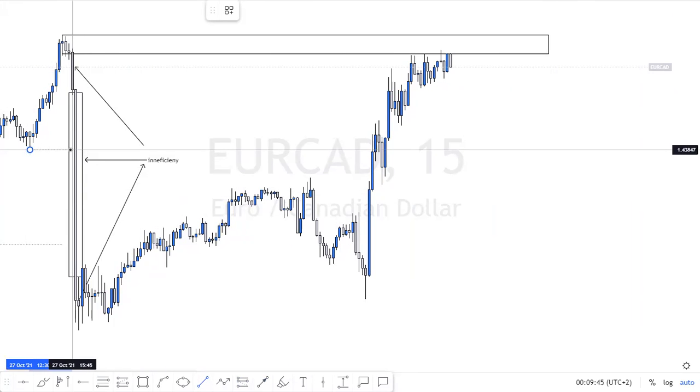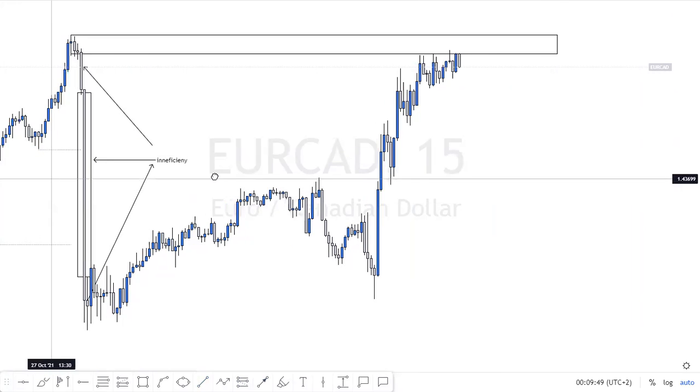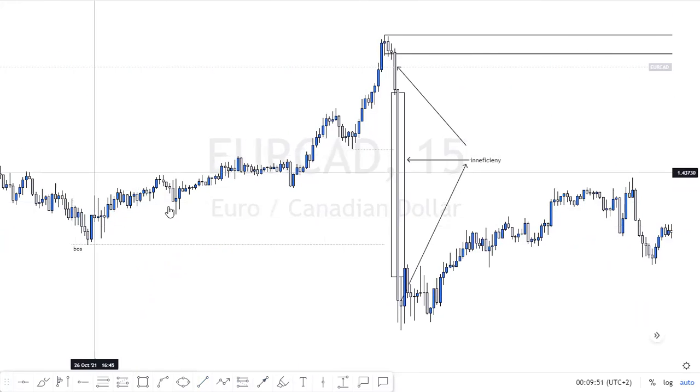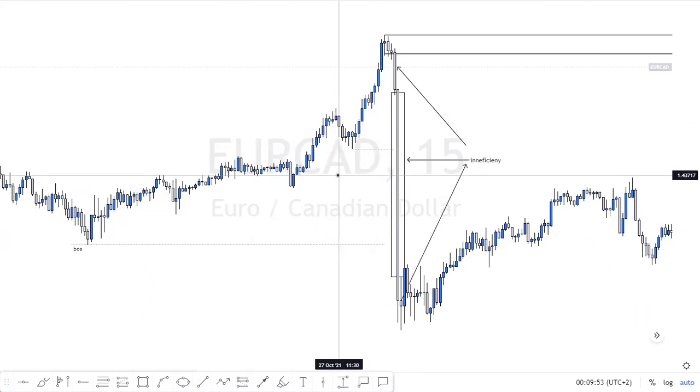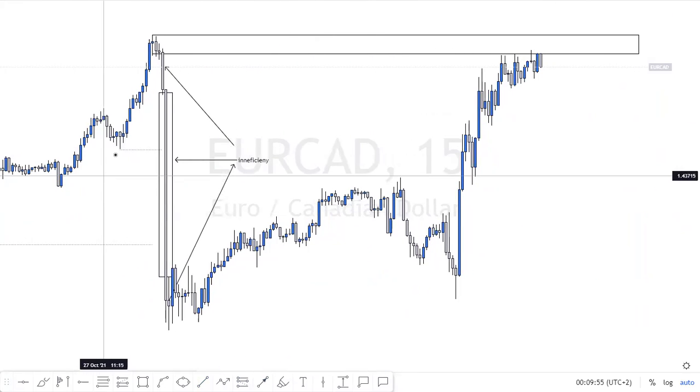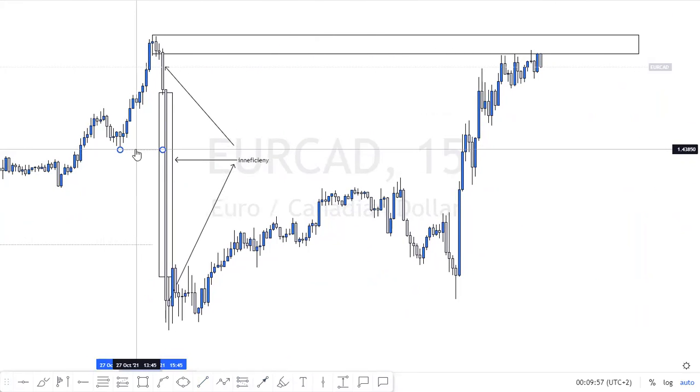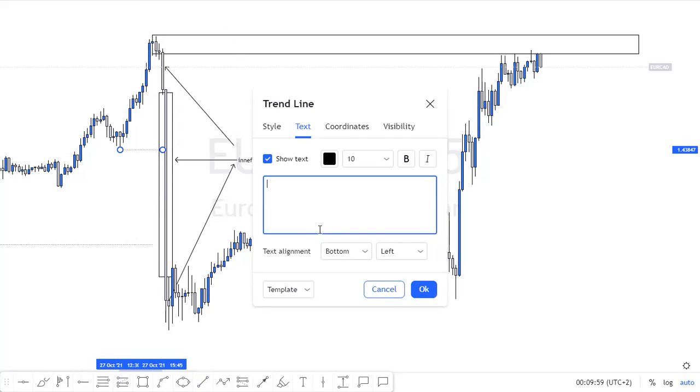It's a minor break of structure on the lower time frame, because on the lower time frame we were in an uptrend, isn't it? But in the overall directional bias, we're getting bearish now. So this is just a minor, lower time frame break of structure.